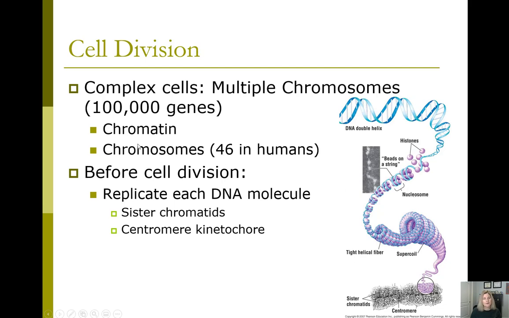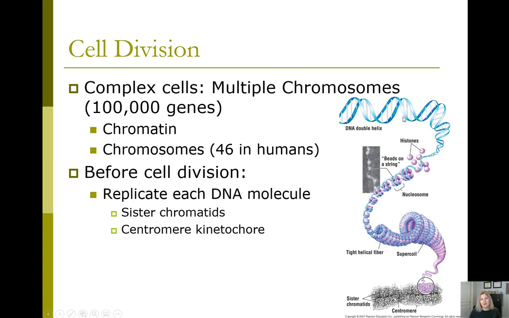Our chromosomes, as I stated before, are composed of chromatin. Chromatin contains the DNA, the double helix, that nucleic acid we talked about way back in macromolecules, as well as histones. The histones are a type of protein, and that's going to allow the DNA to become compacted into these chromosomes.